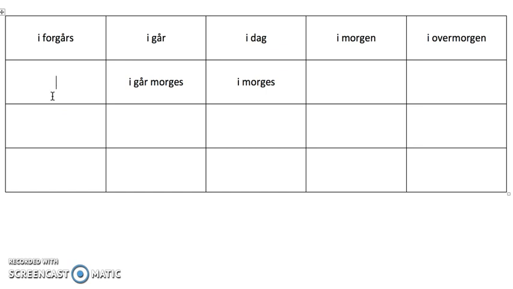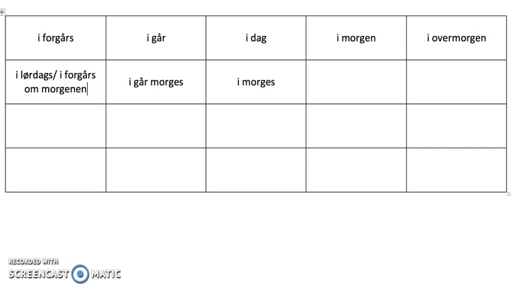We can either say, for example, if the day before yesterday was a Saturday, i lørdags om morgen, meaning last Saturday in the morning, or for example, i forgårs om morgenen. So the day before yesterday in the morning.